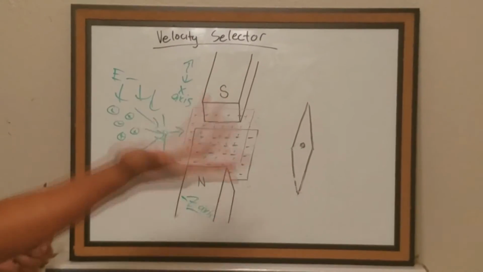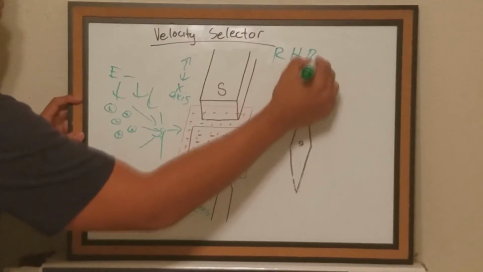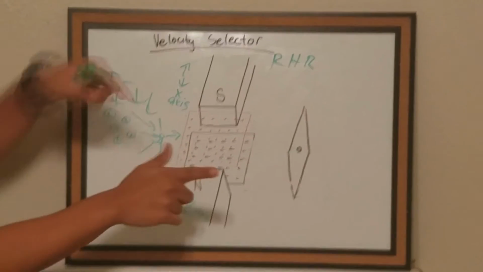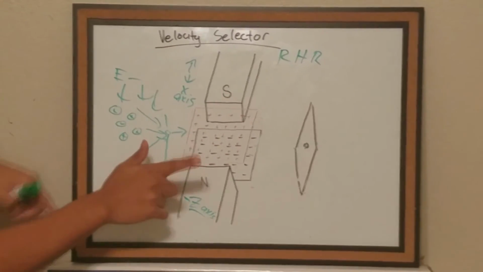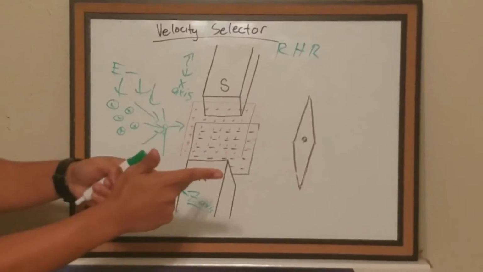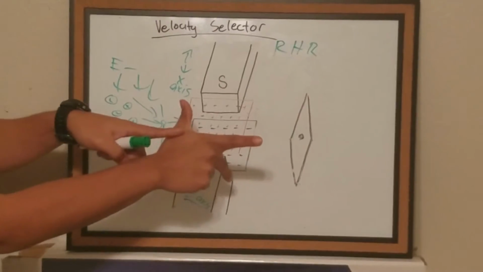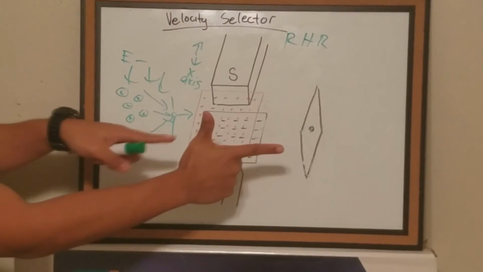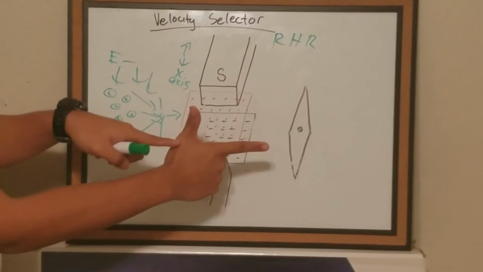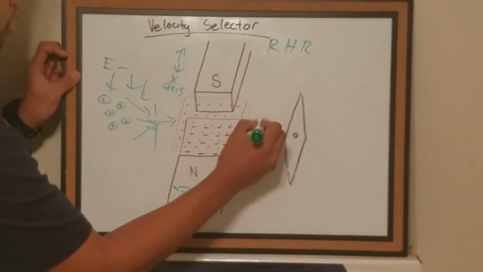When we use our right hand rule, we use our index finger towards the direction of the particle, our middle finger in the direction of the magnetic field, which would be going in, and our thumb is the magnetic force. If we look at that, we can see that our FB, or our magnetic force, is going up.